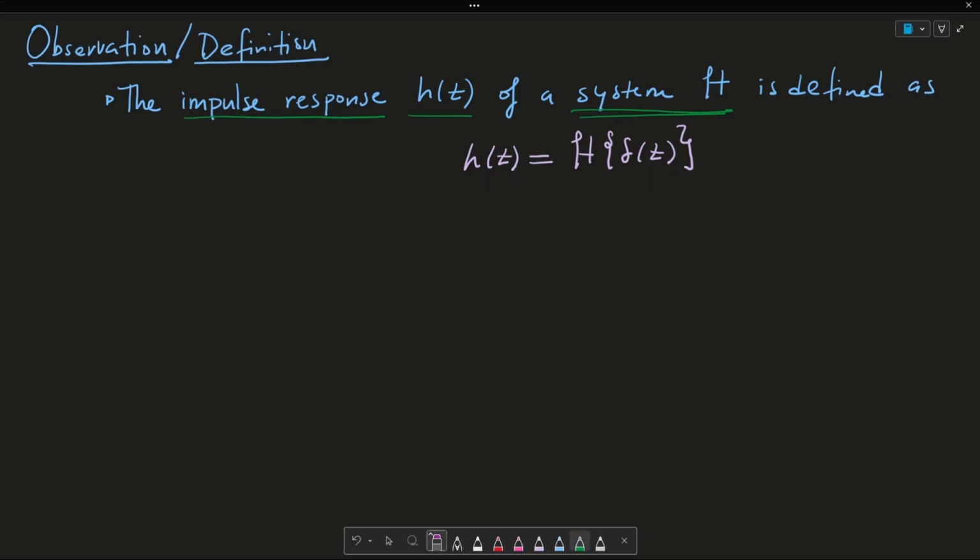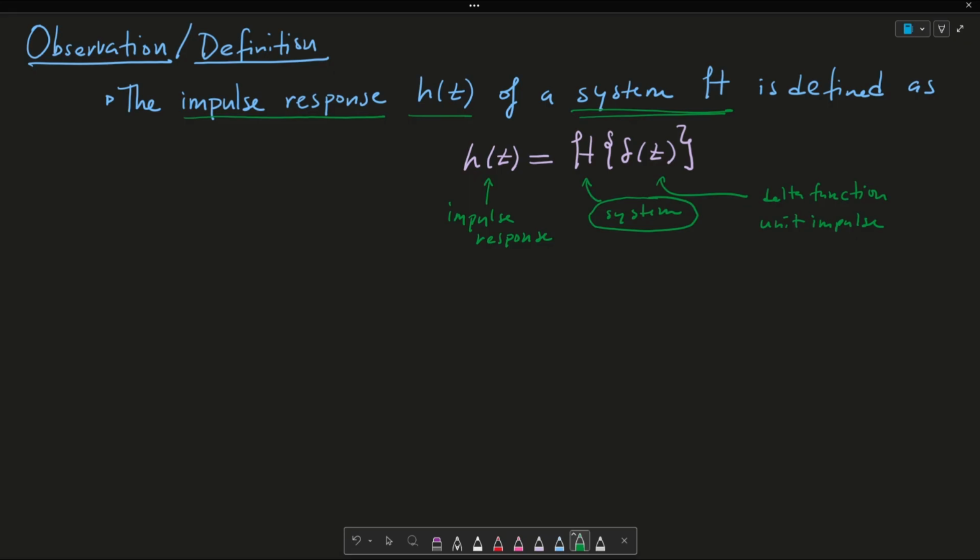So this h of t here is what I call my impulse response. This here is my system, and this here is my delta function, also called the unit impulse. This system can be any system. It's not restricted to being an LTI system.